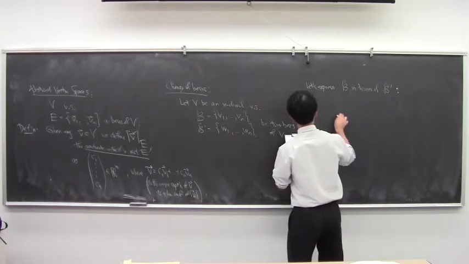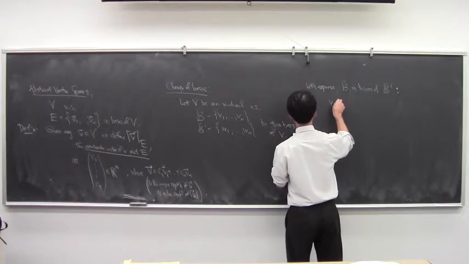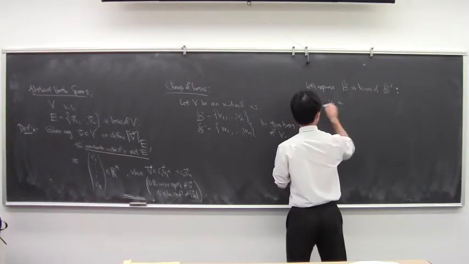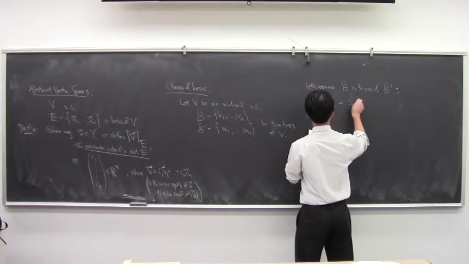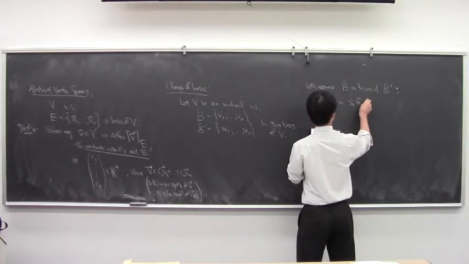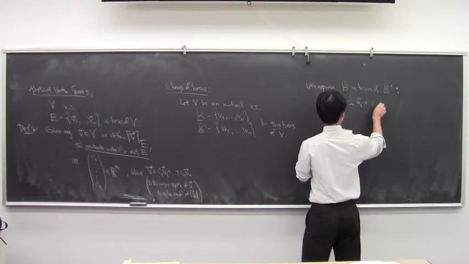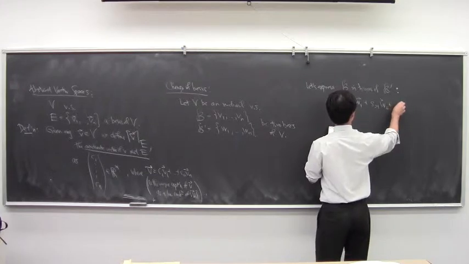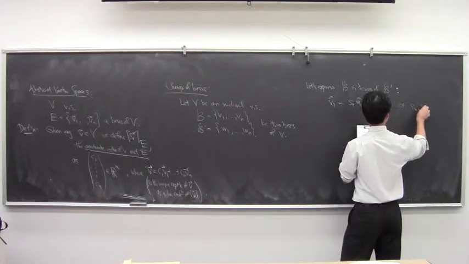So suppose that V1 is some constant times W1 plus some constant times W2 plus through some constant times Wn.